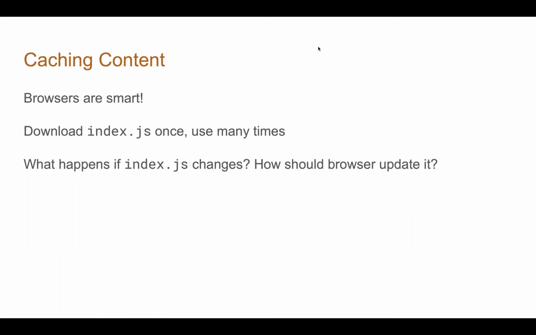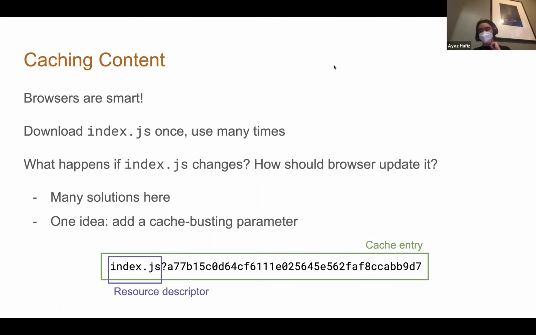These are all valid solutions, but one that I'm going to describe is the idea of adding a query parameter to any resource that you have. It turns out that the way these caches are implemented in browsers is they cache the entire URL, right?